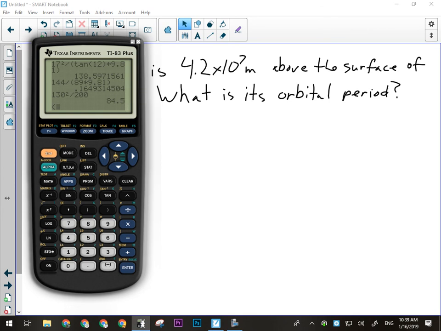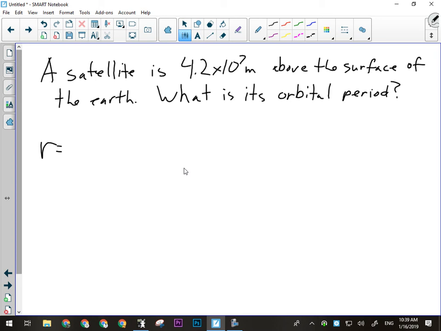So I've got 4.2 times 10 to the 7 plus 6.37 times 10 to the 6. My actual radius will be 4.837 times 10 to the 7 meters.